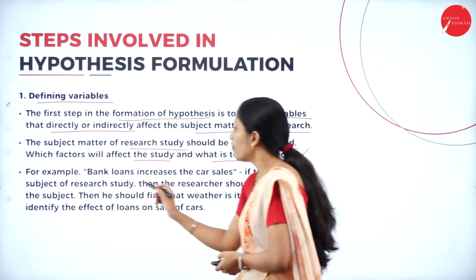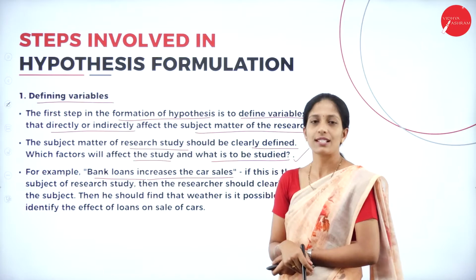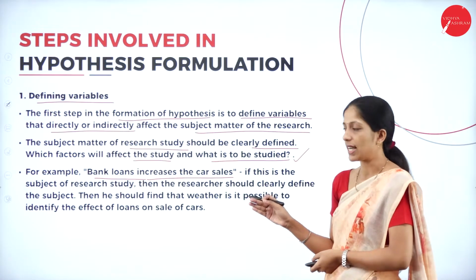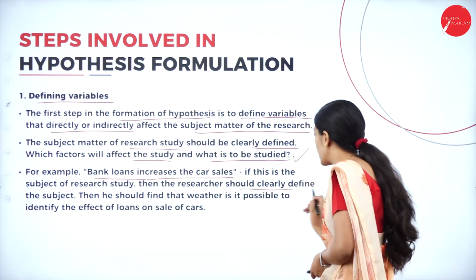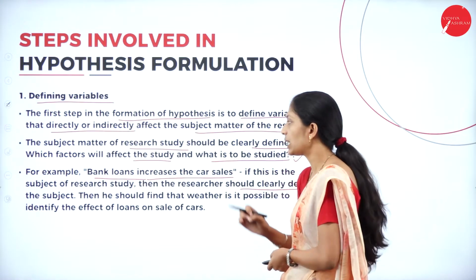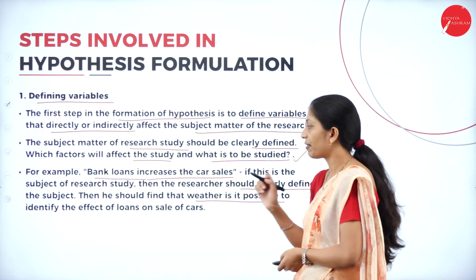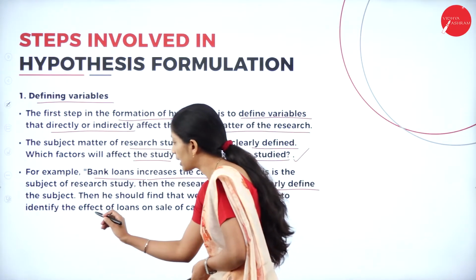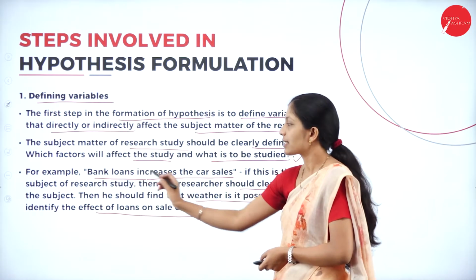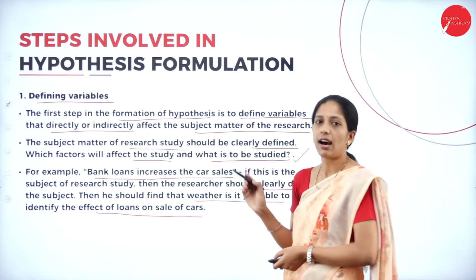For example, bank loan increases the car sales. So, this is the assumption. If this is the subject of the research study, then the researcher should clearly define the subject. Then he should find whether it is possible to identify the effect of loans on the sale of cars. Now, he has to define the variables, correct? This is the study of the researcher, that is bank loan increases the car sales.